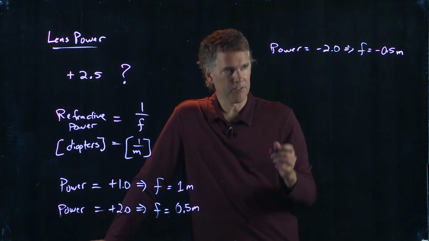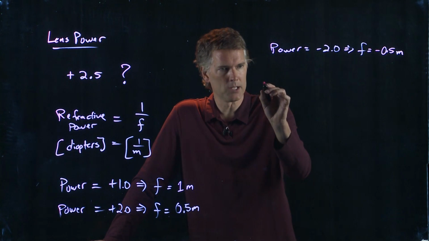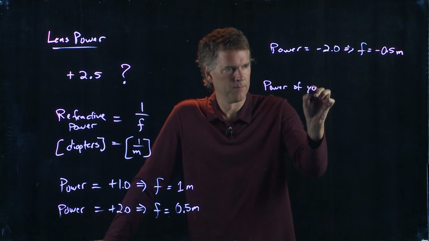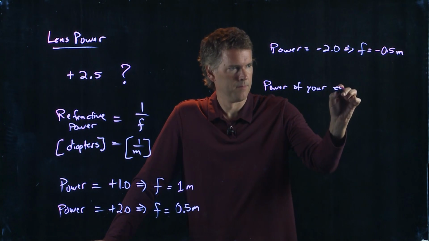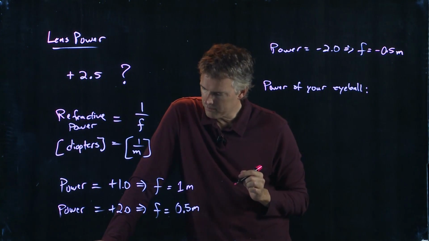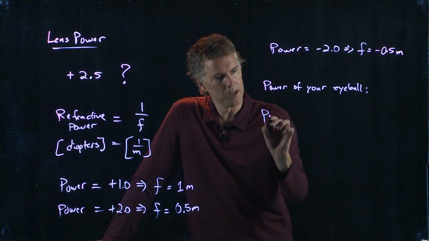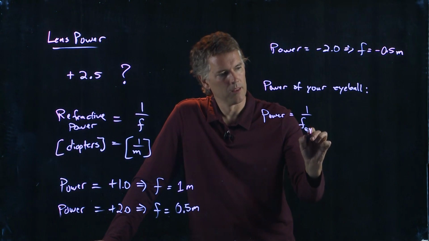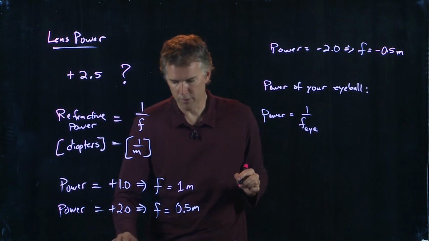Okay, so let's think about power in terms of your eyeball. Okay, what we said was the power is going to be 1 over the focal length. And now we're worried about the focal length of your eye.